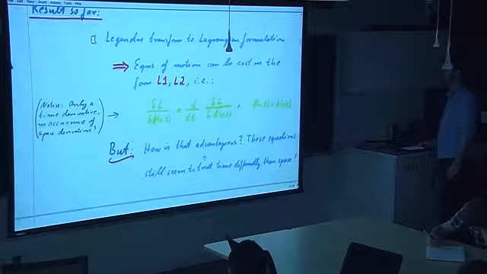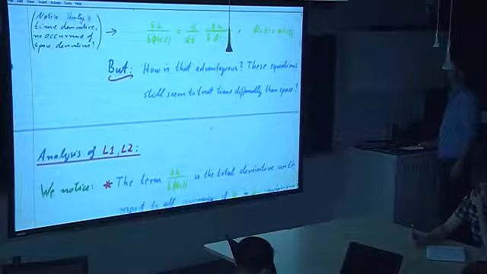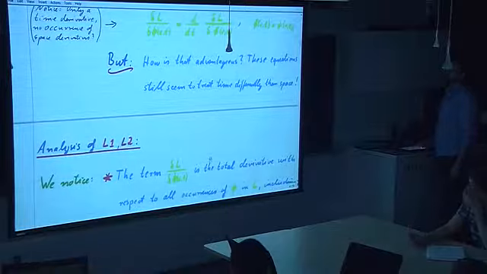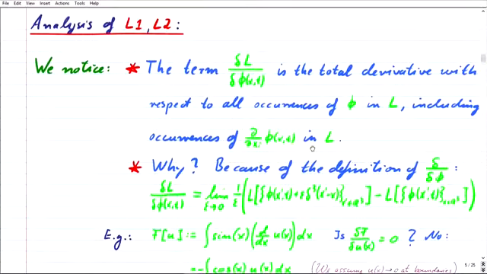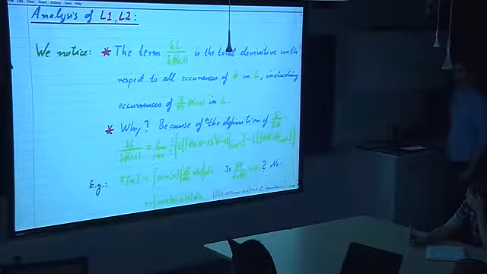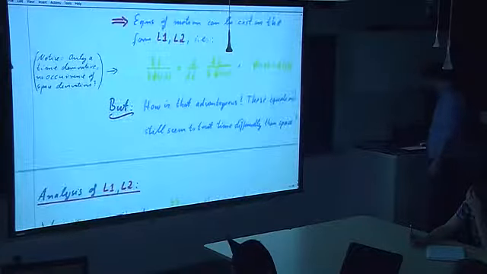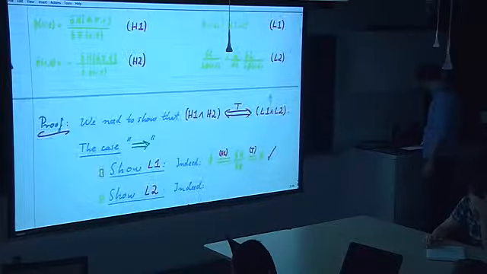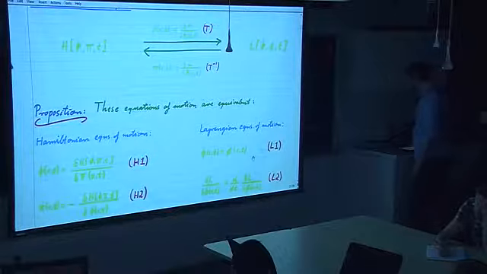It turns out that it takes a little bit of work to see how we get from here to a formulation that treats space and time equally. So let's analyze those two equations. Remember, L is the Legendre transform.